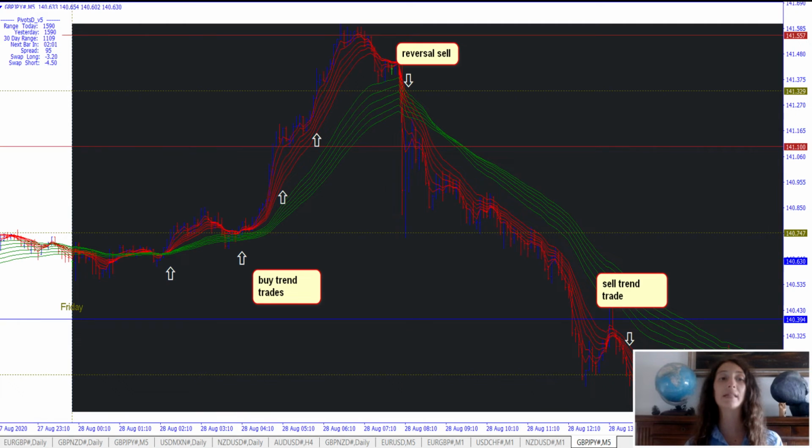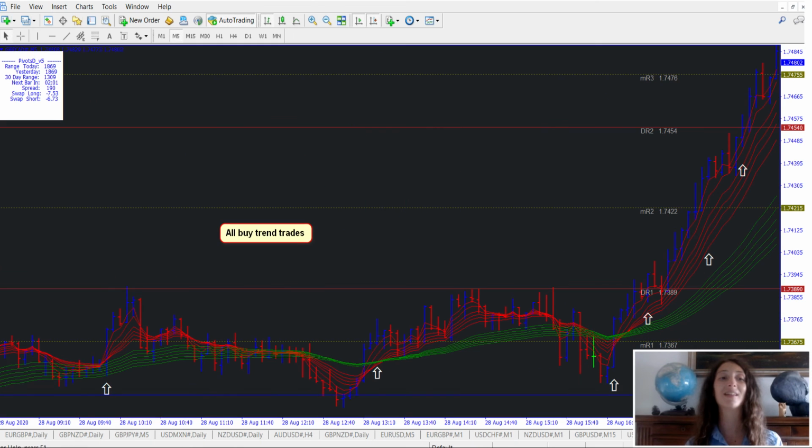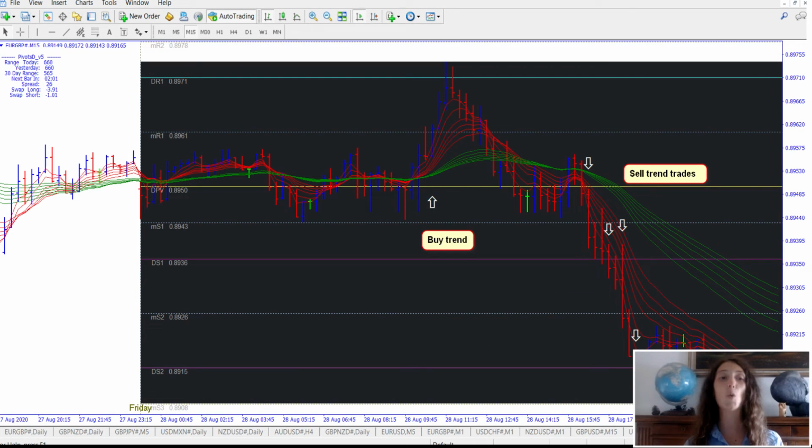Examples of trades. In the GBP-JPY, I have 4 buy trend trades, one reversal sell trade and one sell trend trade, all in profit. GBP-CAD, I have 6 buy trend trades, all in profit. EUR-GBP, I have 1 buy trend trade and 4 sell trend trades, all in profit.